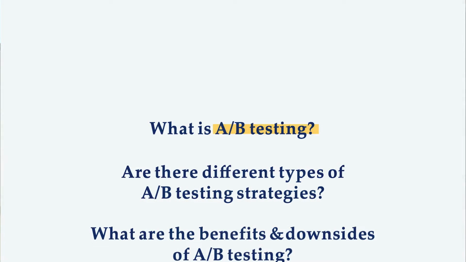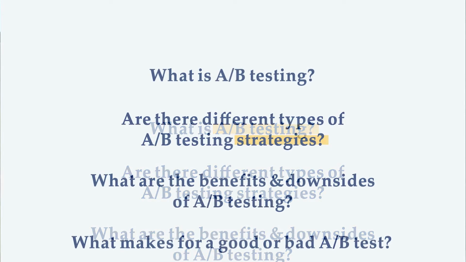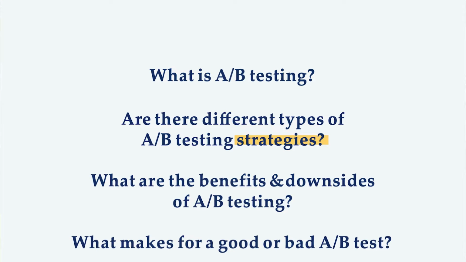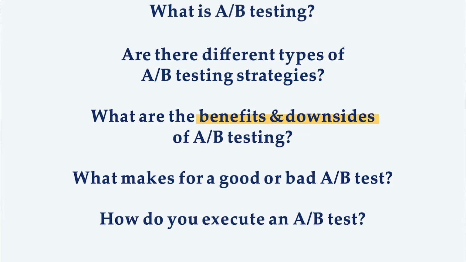Okay, so for today, just to give you a rundown on what exactly we're going to be walking through, I have a little bit of an agenda just to help set us up. The first thing that we're going to go through together is defining what A/B testing is, so we're all on the same page. Then we'll look at the different strategies that are often associated with A/B testing, followed by, of course, the pros and cons.